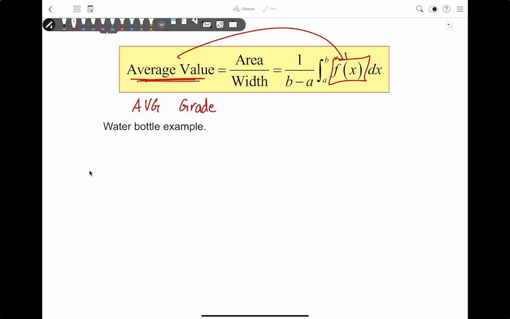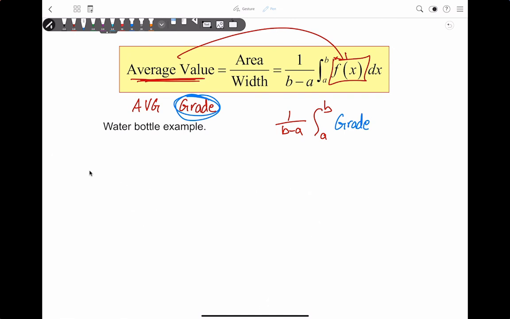The way you would interpret this is that you use the equation 1 over b minus a, from a to b. And let's say I had a grade function. Well, that grade function would be inputted right here, and then you would integrate with respect to x or t or whatever your input variable is. That's how you interpret this.